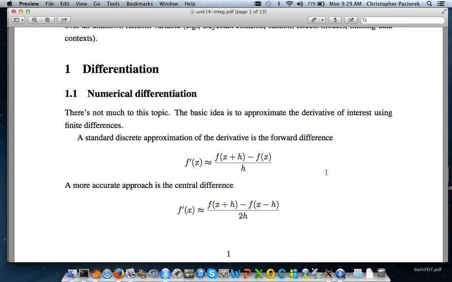So we could think of approximating this numerically as just saying, I'll take a small h, I'll use this as my approximation to the derivative, and that should give me an estimate of what the derivative is. And of course, if we're trying to approximate something where we're taking a limit, presumably we want to take h smaller and smaller. And that's going to give us a more and more accurate estimate of what the actual derivative is.